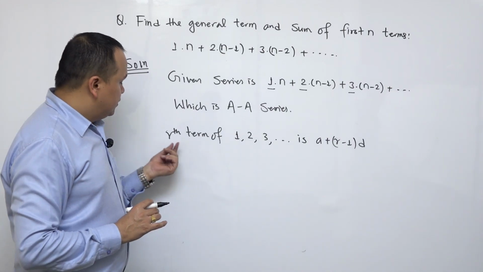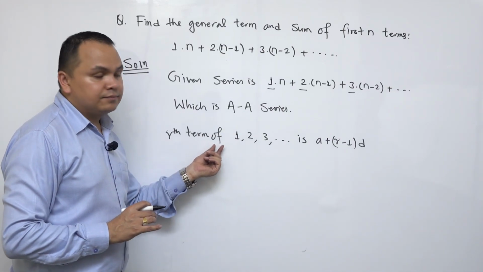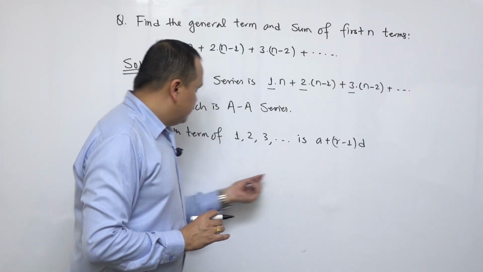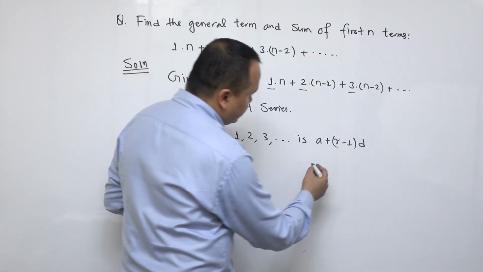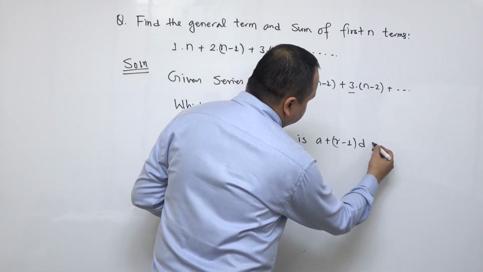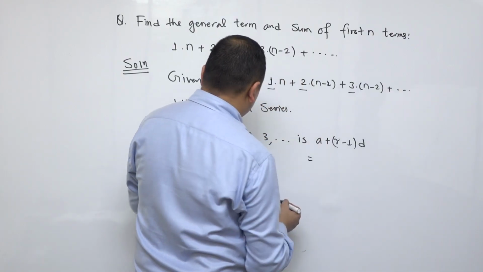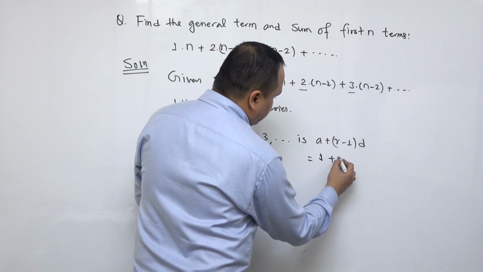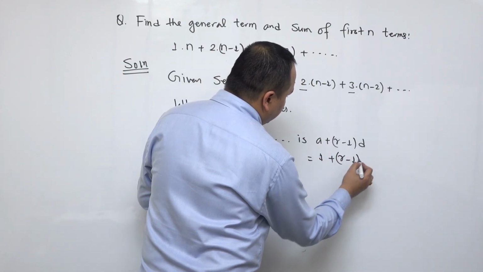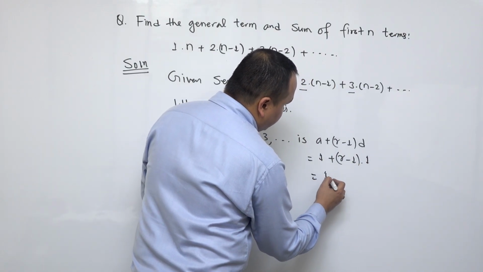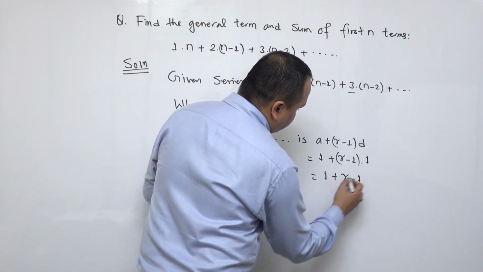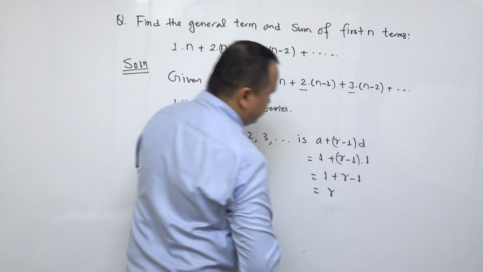So rth term is A plus R minus 1 times D. A is 1, common difference is 1. This is 1 plus R minus 1, just R.